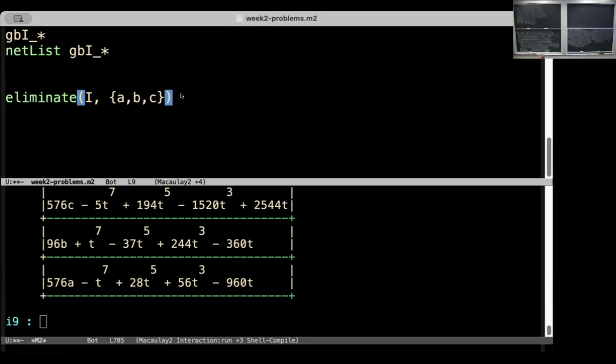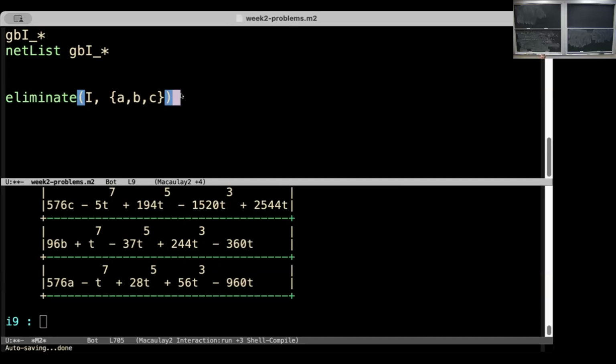So are there any restrictions on what you can eliminate? If it's in a polynomial ring, no, you can put any of the variables in the polynomial ring. But you can't just say eliminate A plus B plus C or something like that. It has to be variables that you're eliminating. Eliminating them implies that they can be defined in terms of the remaining variables. Well, when you eliminate some variables, you're keeping the rest of the variables.